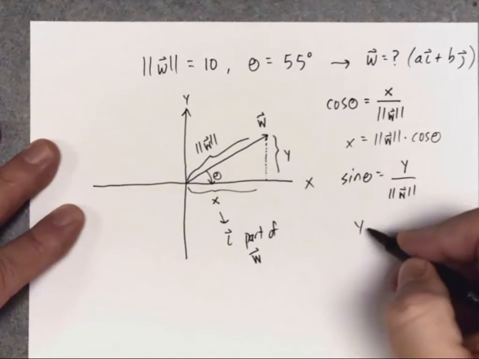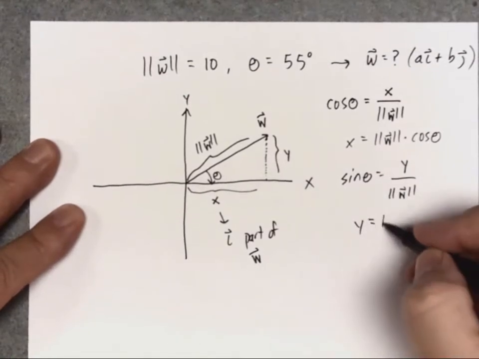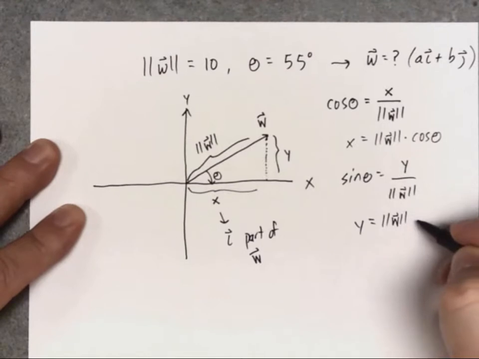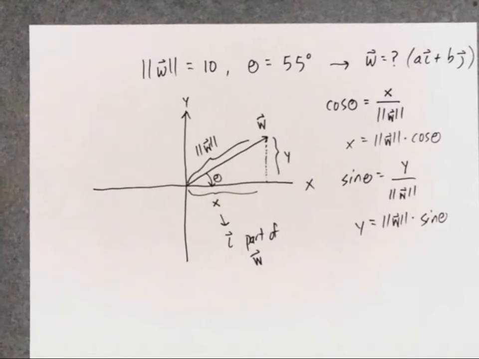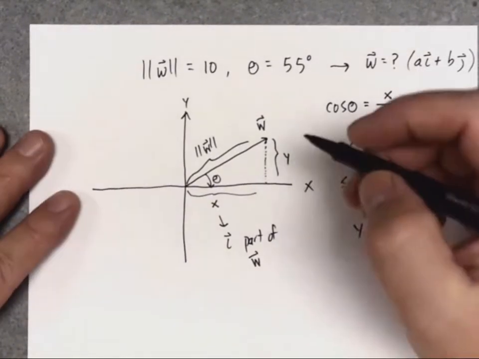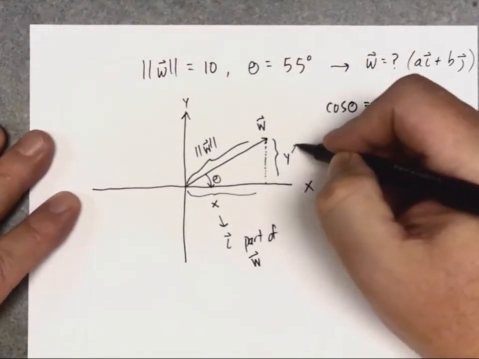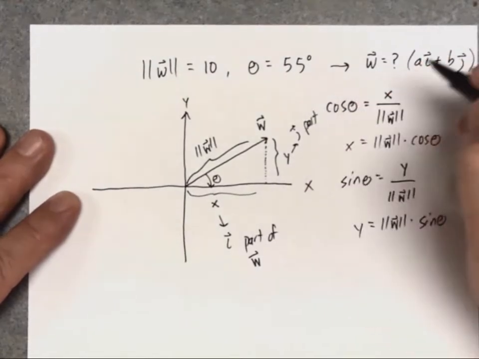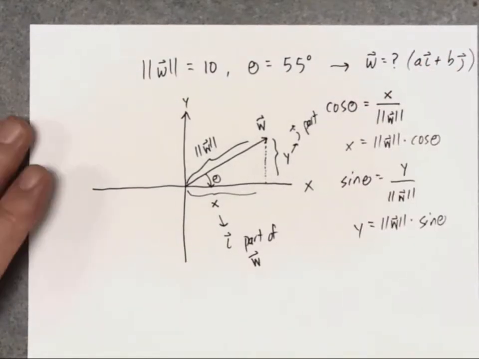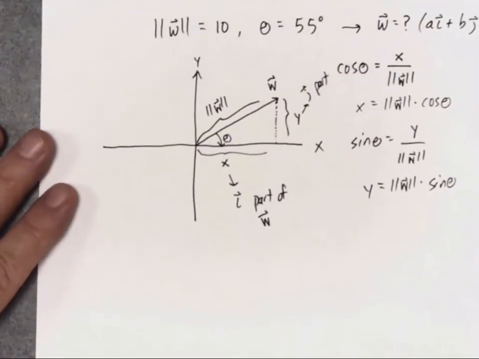If we solve this for y, we get the magnitude of w times the sine of theta. And we could think of this y here as the j part of the vector.